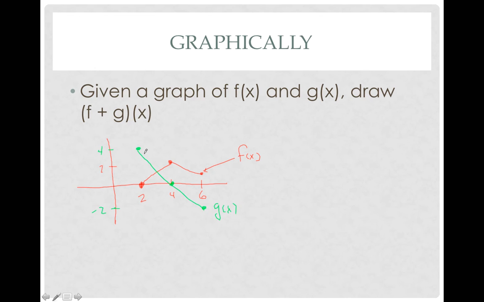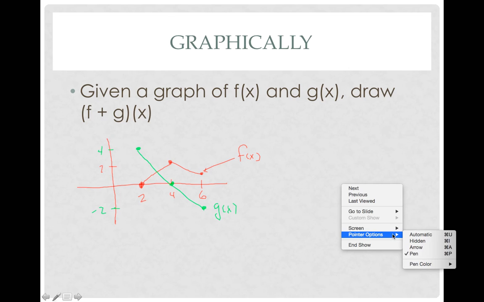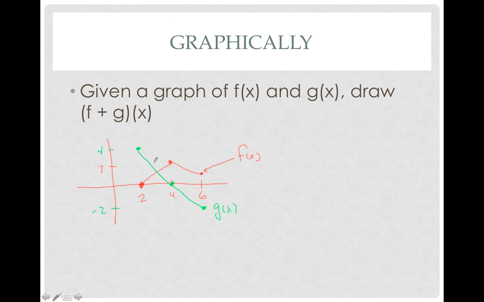If I wanted to write f of x plus g of x, that really just ends up being adding the y values. In this particular case, the y value here is 0, the y value here is 4, and if I added those two things together, that would be 4. So I get a new point of 4.